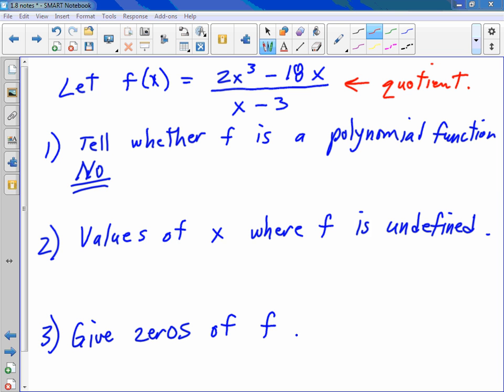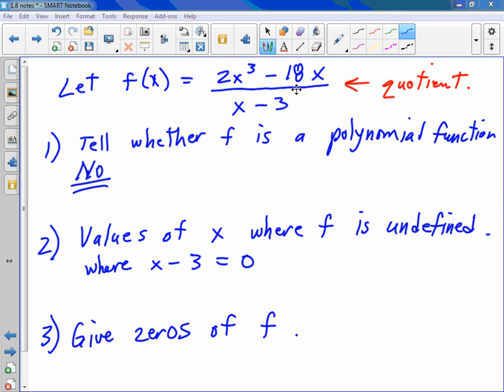So values of x where f is undefined. Well, the first one that jumps out is anywhere where the whole denominator, the bottom of the fraction, would be equal to 0. So the first place we would look is where x minus 3 equals 0, because then the numerator isn't really going to matter.